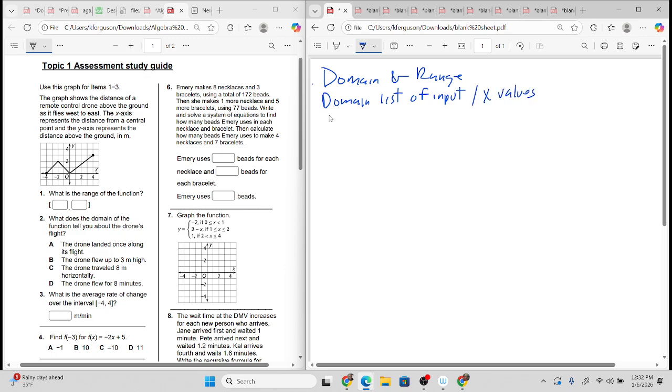And then range is the list of outputs, or y values. So x values go left to right, and y values go from bottom to top.